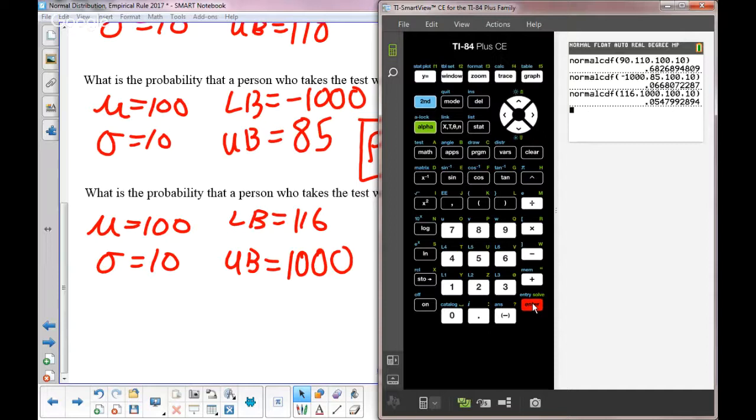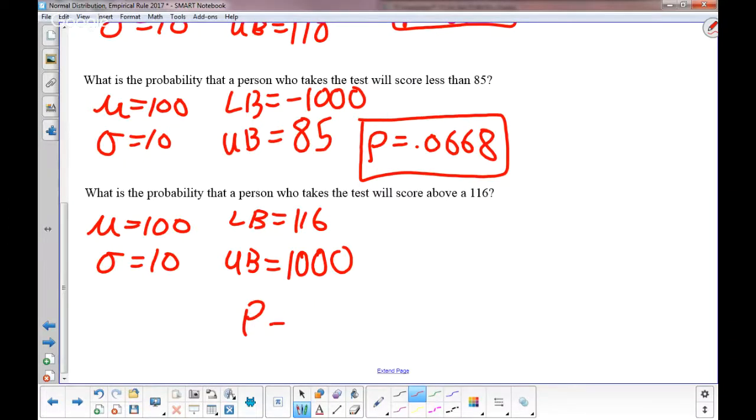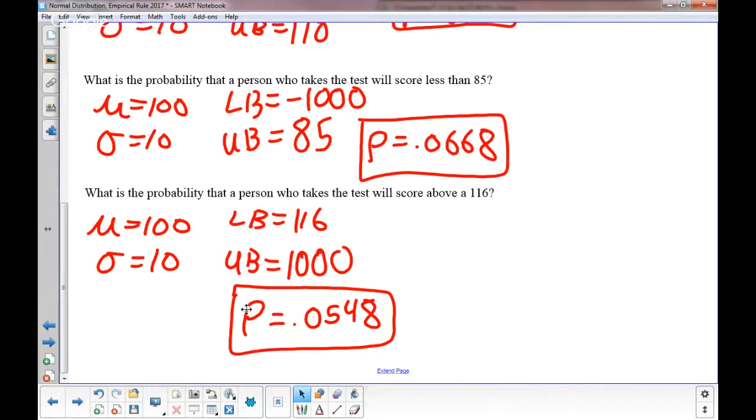And I got 0.0548. Probability is 0.0548. So only 5.5% roughly of the population scores above a 116. So you're in good company if you got an IQ above 116, based on this data. Doesn't mean in real life that's the way it falls, but this is just a general take. And IQs are easy to understand.